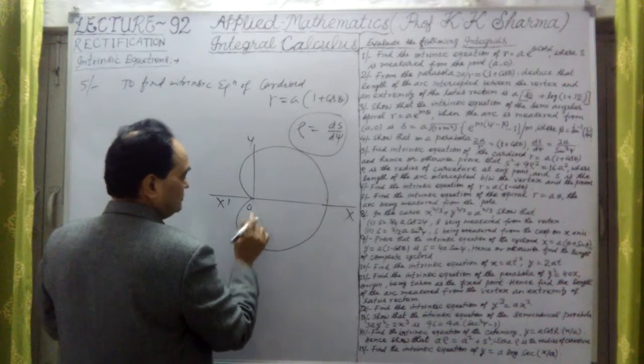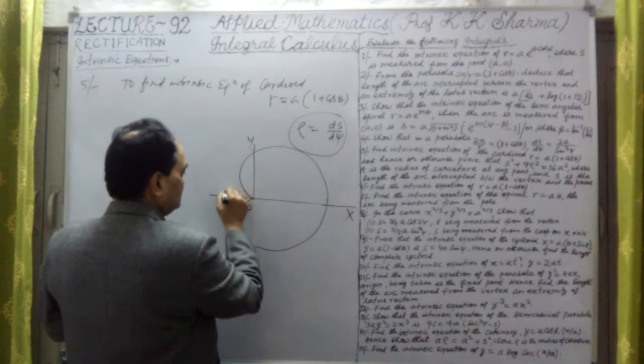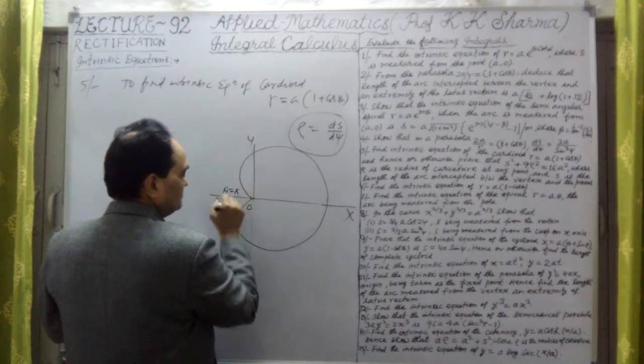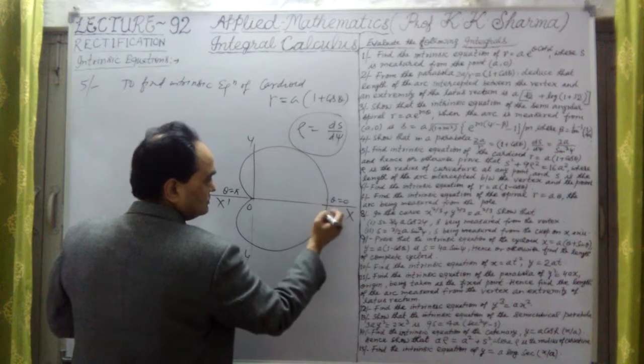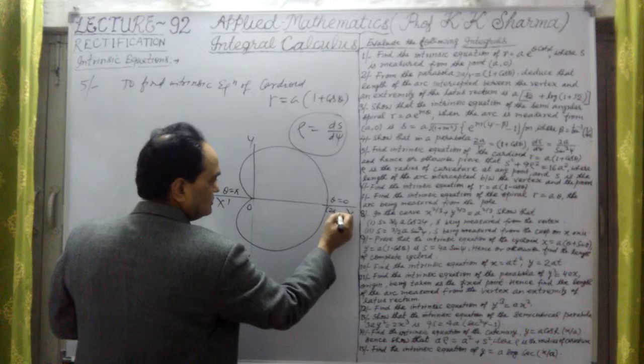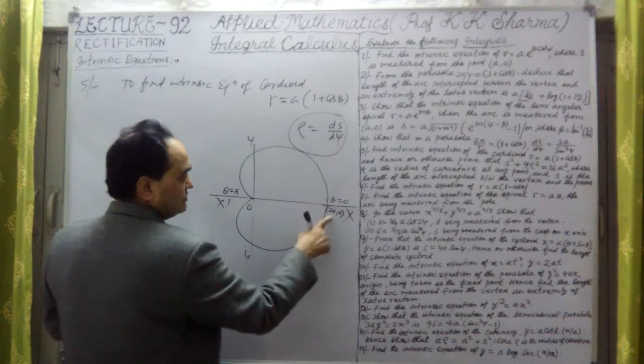At this point θ is equal to π, and at this point θ is 0, so the radius is twice a.